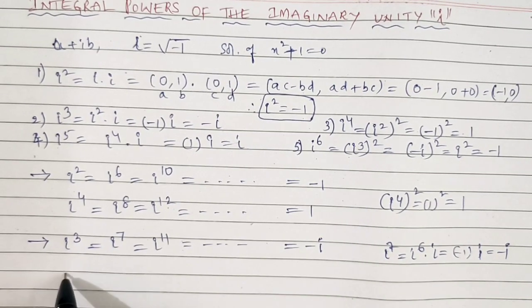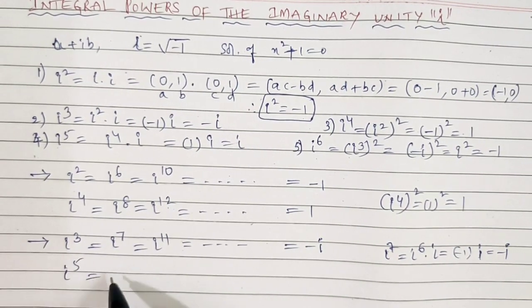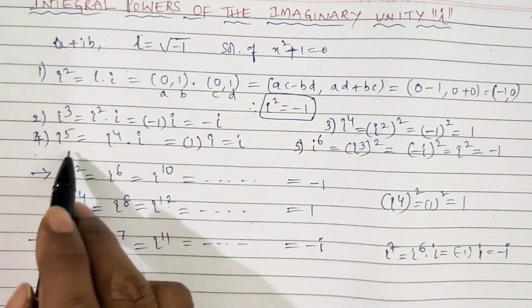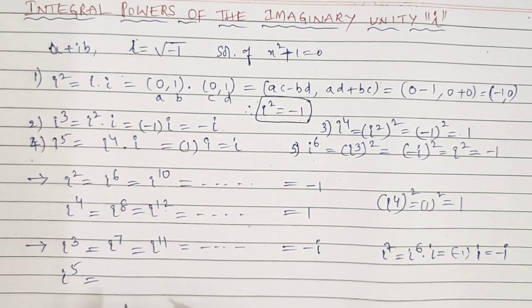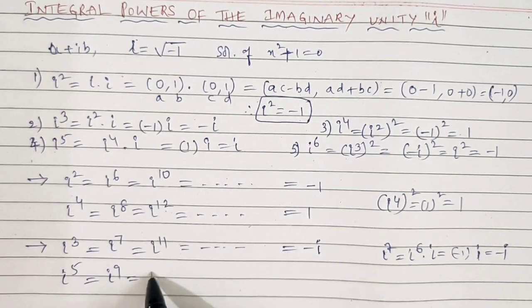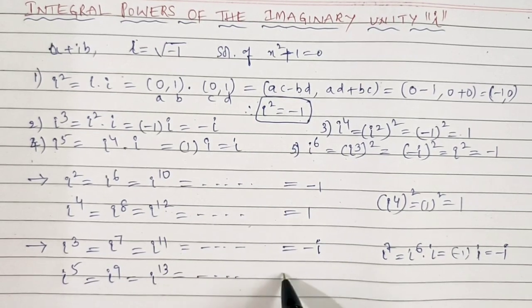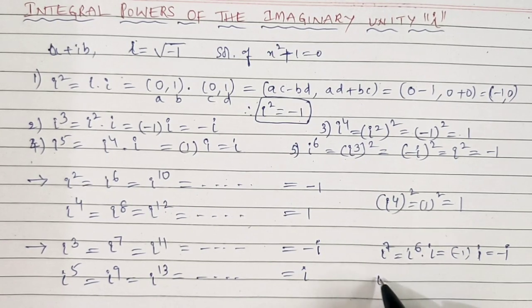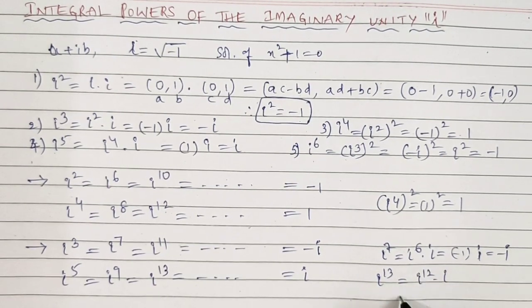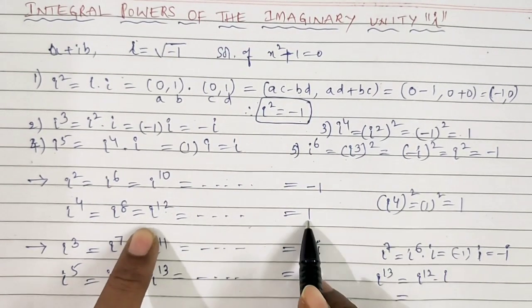Okay, and next take i power 5. Here i power 5 value is how much? i. So i power 9 also we get i, i power 13 also we get i, and so on, that is equal to i. Okay, clear. So i power 13 can be written as i power 12 into i, where i power 12 value is 1 from here.